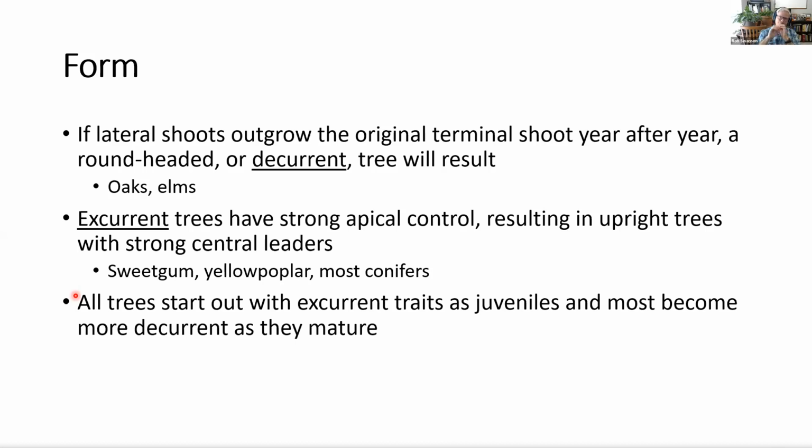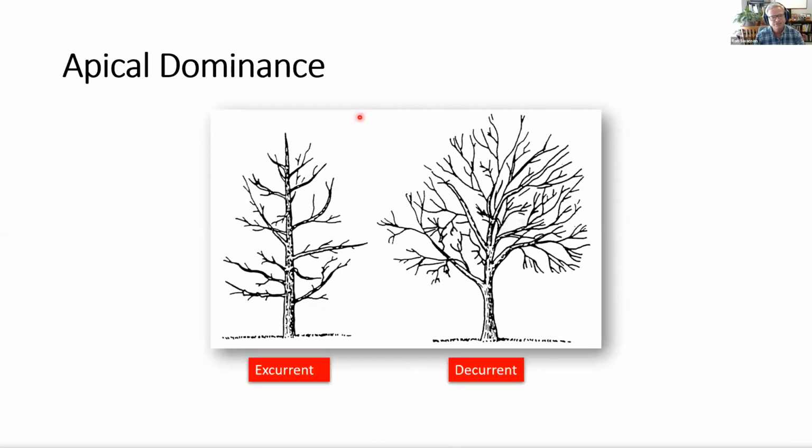Sweet gums and tulip poplars usually have a nice, straight, tall trunk, a single leader, ideally. So those are examples of excurrent trees, but even at maturity, excurrent trees will start to look a little bit rounded. All trees start off with excurrent traits as juveniles.